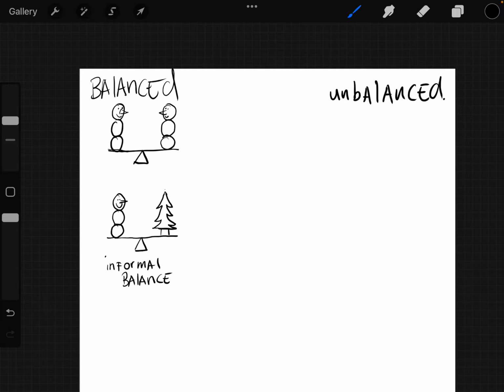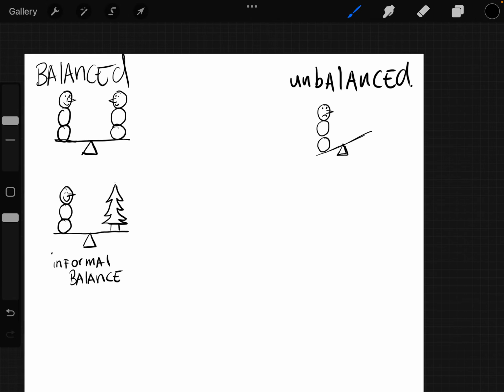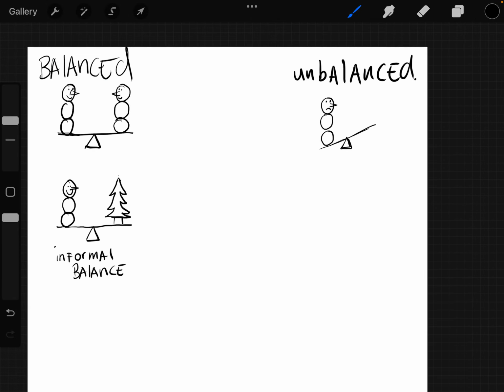Now, if something is unbalanced, it will look something like this. Here, I'll draw that for you too. Here's a little snowman again. In this case, he is sad. Why is he sad? Well, he is all the way on his own, right? So this is unbalanced. Now, this one is also going to be unbalanced, but this one is going to be a little bit more fun.